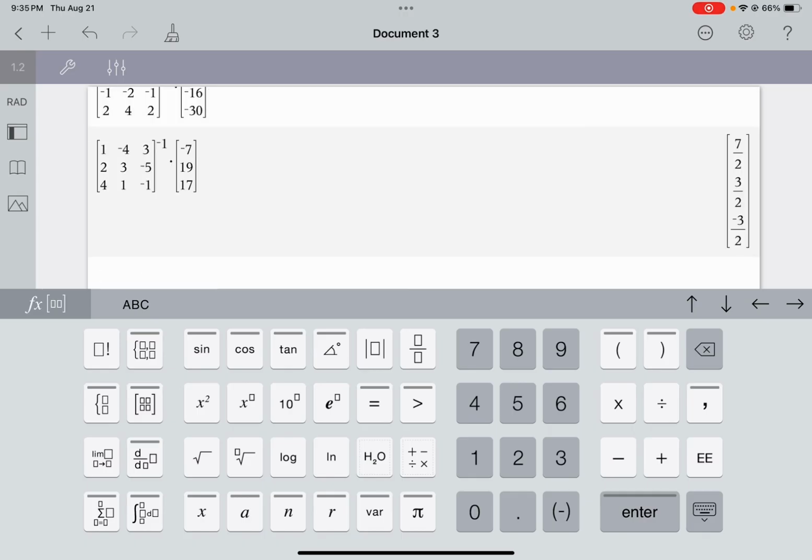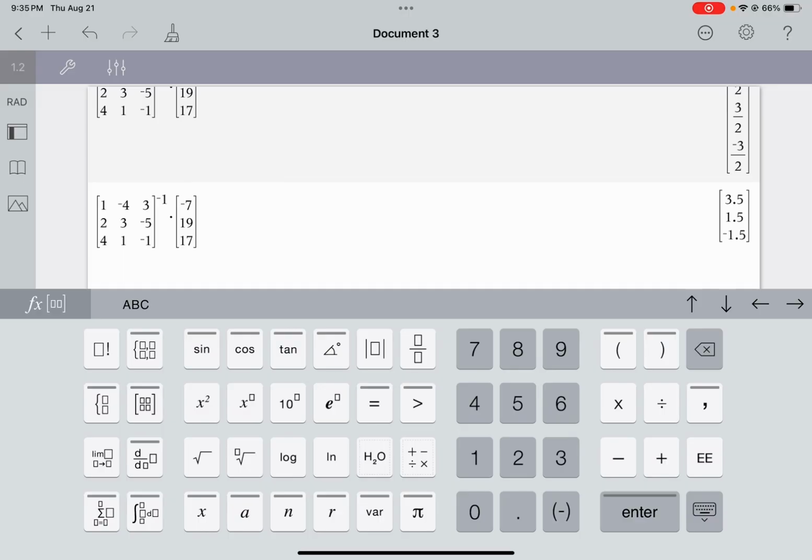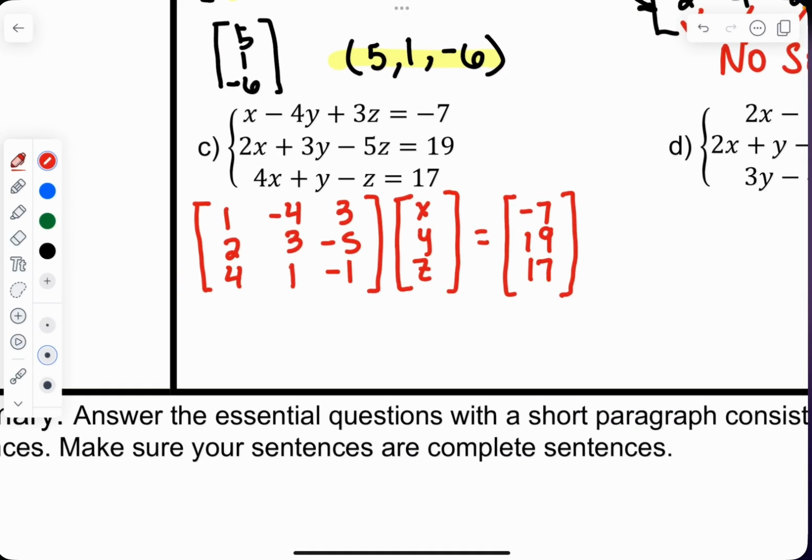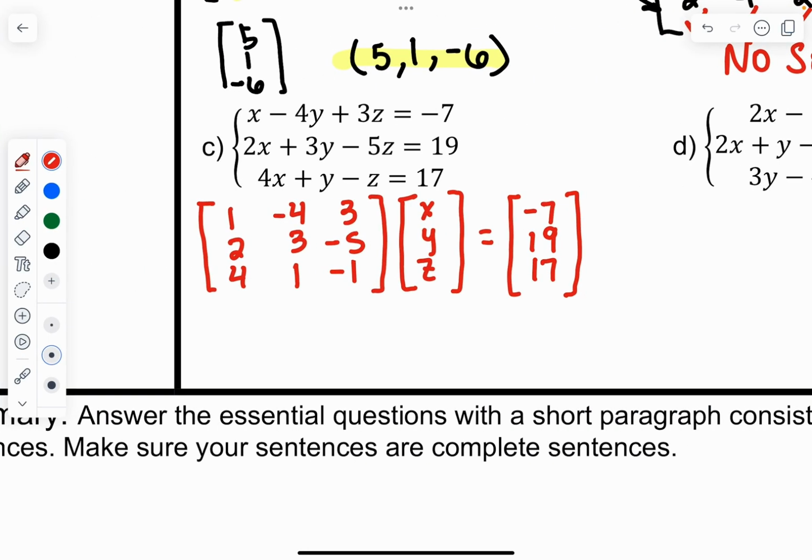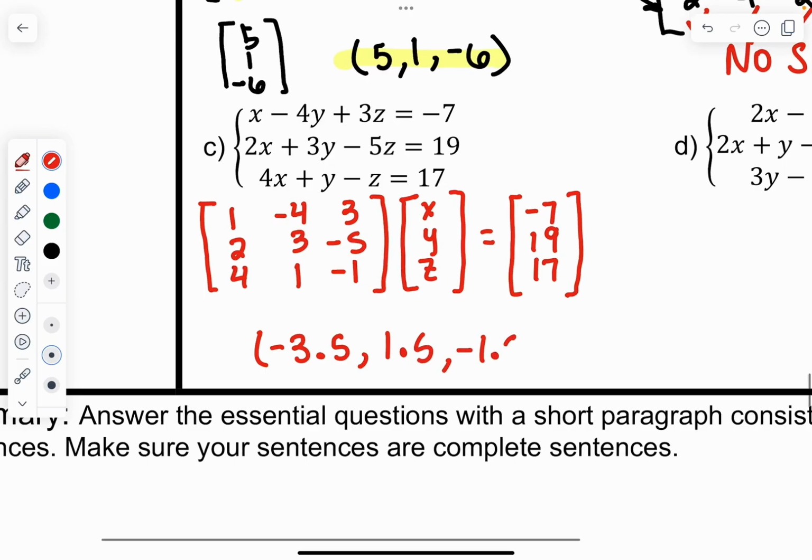So if you get fractions, you can always list fractions, but if you want decimal, hold down the enter button, get the squiggly lines, and there's the decimal versions. So I'm just going to write this as an ordered triple. That was -3.5, 1.5, and -1.5. And that would be our solution right there.